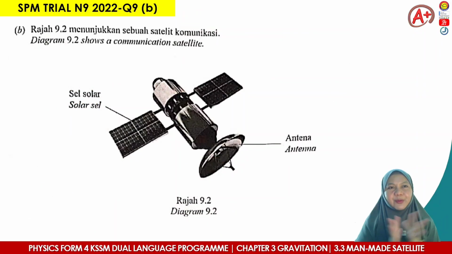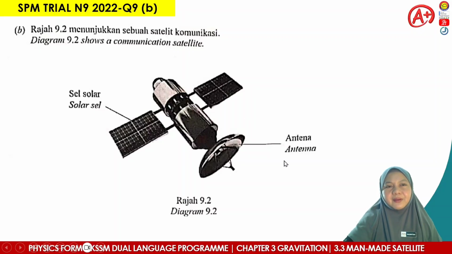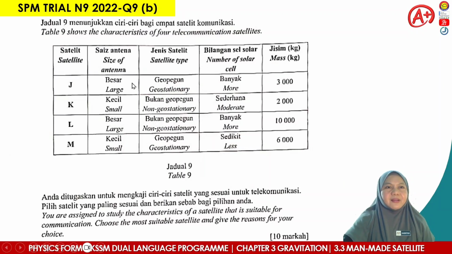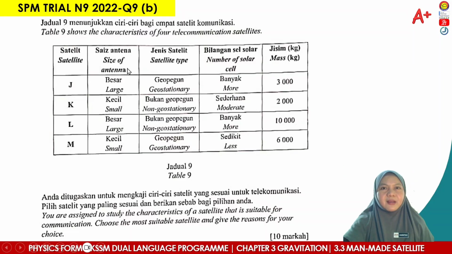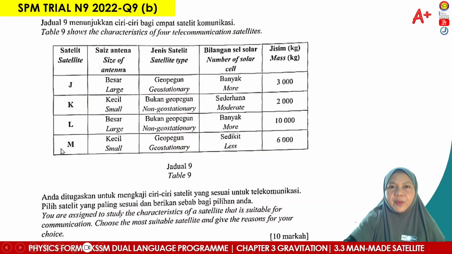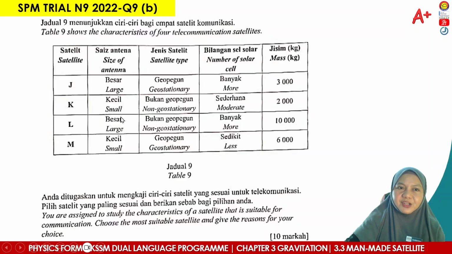Our last question. Let us look at one long essay question. You are given a communication satellite with a solar cell and antenna as shown in diagram 9.2. This table shows the characteristics of four telecommunication satellites, J, K, L, and M, with four characteristics. The size of the antenna, either large or small.